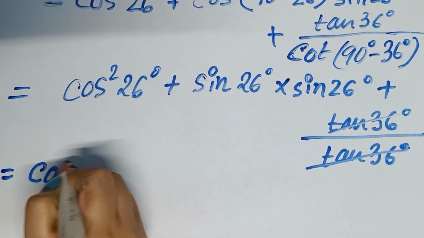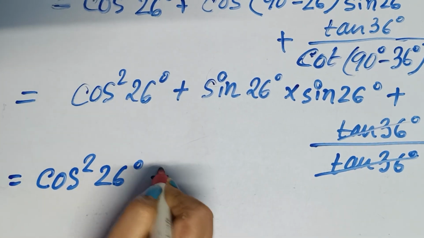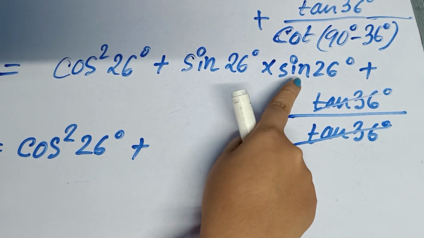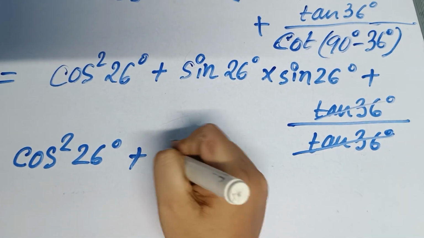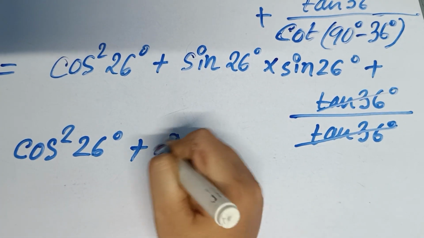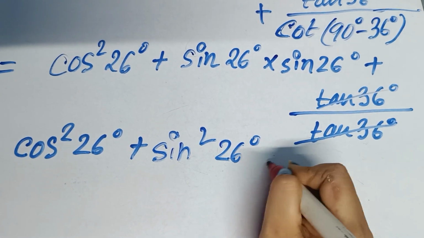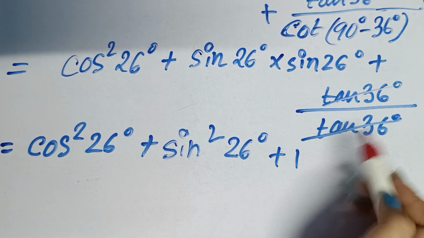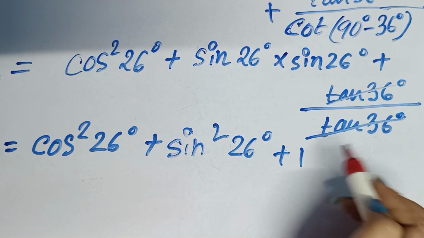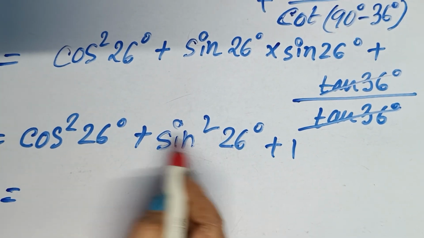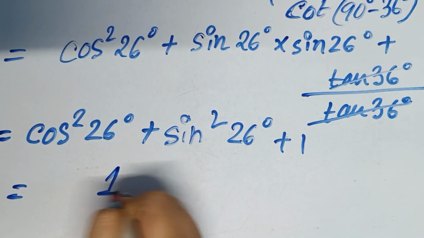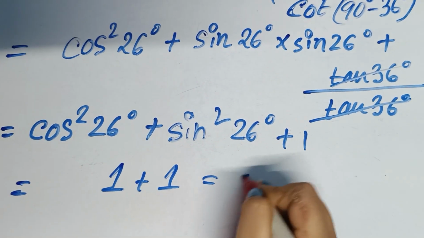Now we have cos square 26 degree, and sin 26 and sin 26 make sin square 26 degree. Tan 36 and tan 36 cancel, giving 1. So sin square 26 degree plus cos square 26 degree, that is sin square theta plus cos square theta, which is also 1, so 1 plus 1, 2 is the answer.